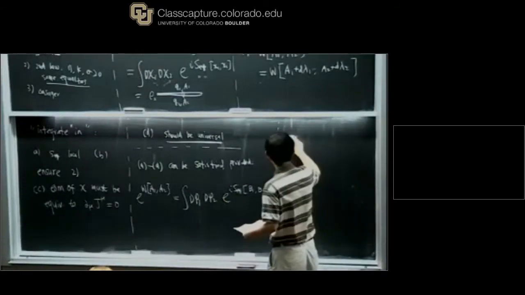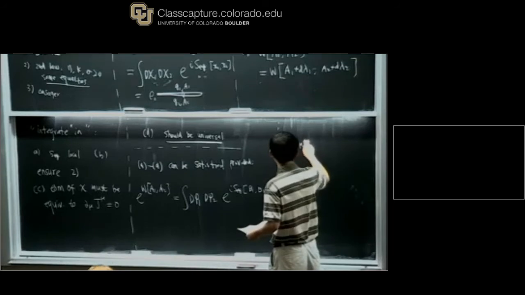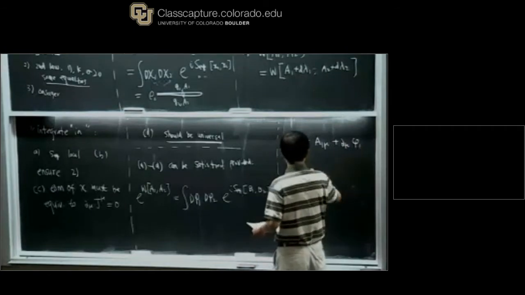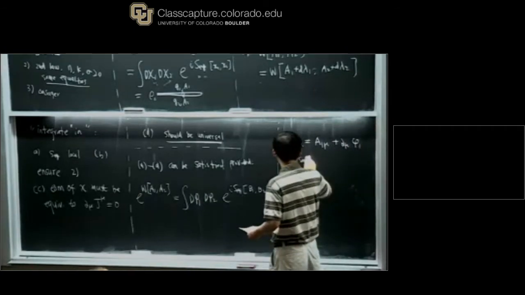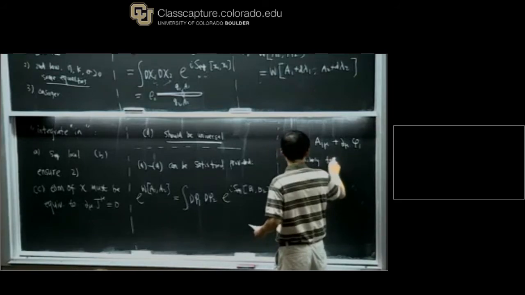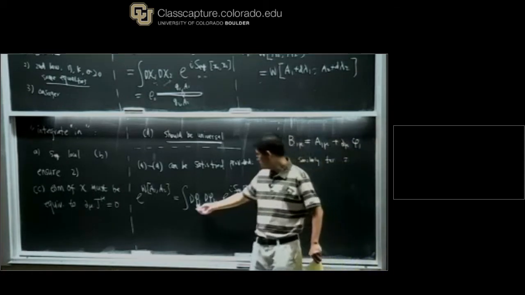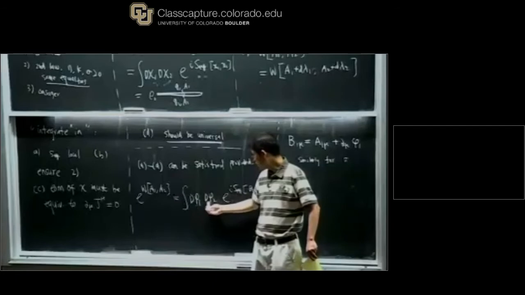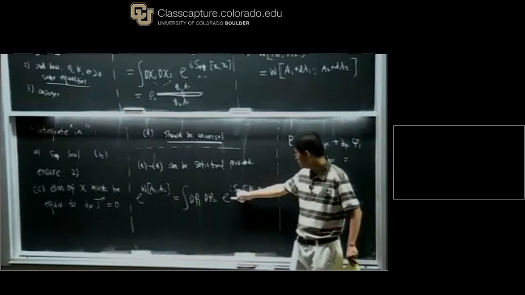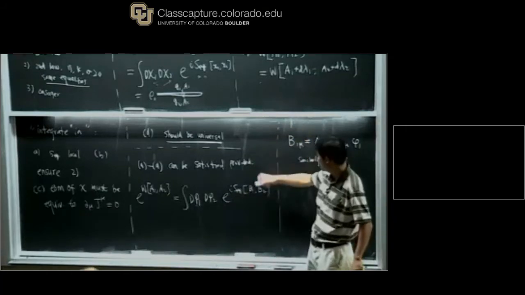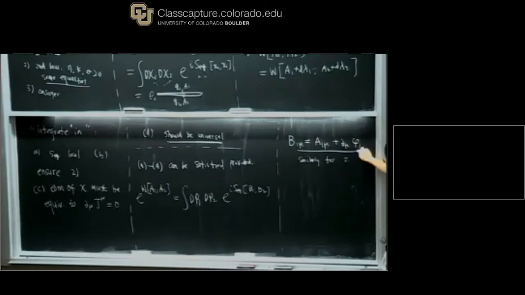B1 mu would be A1 mu plus partial mu phi 1, and similarly for subscript 2. So this is the proposed answer. Suppose I consider some scalar field and require my action to depend on this scalar field and the external field A only through this particular combination.